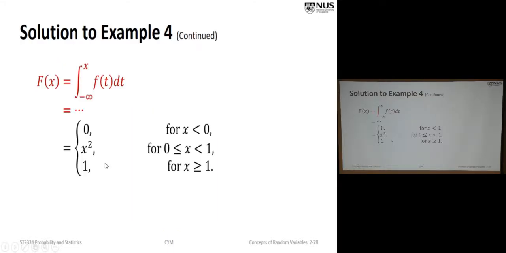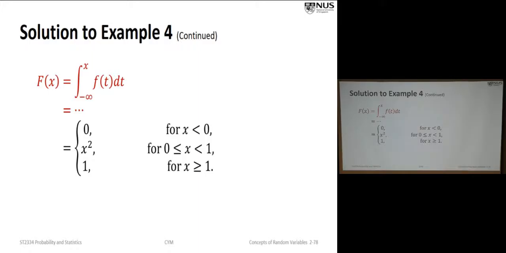All right, so after you complete the integration, these are the answers. Now, I have to stress that the CDF, the capital F of x, should be defined for all x in the real line.